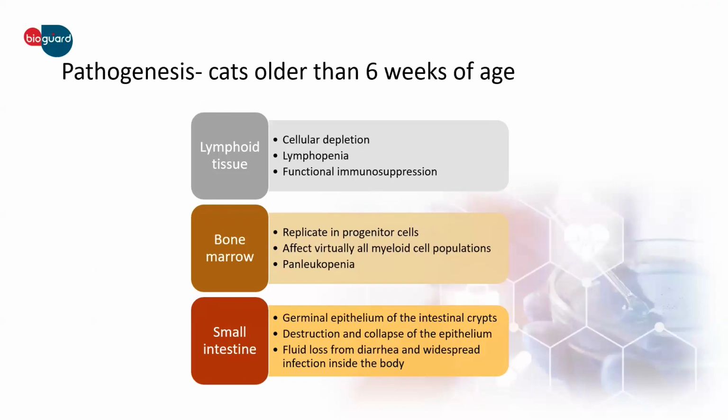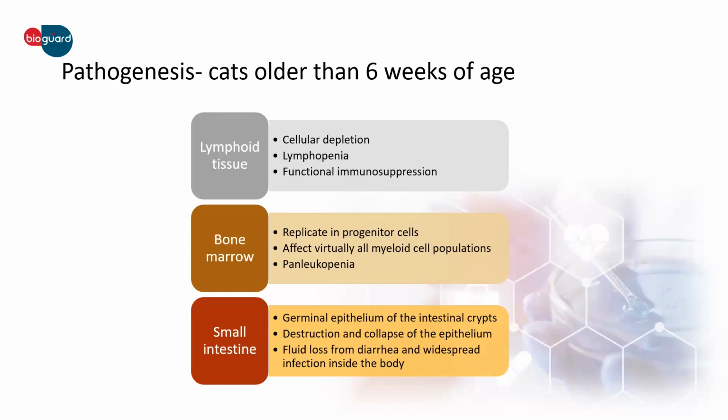In cats older than 6 weeks of age, the virus can infect the lymphoid tissue and cause cellular depression, lymphopenia, and functional immunosuppression. Once it invades the bone marrow, it can replicate in the progenitor cells and affect virtually all myeloid cell populations.